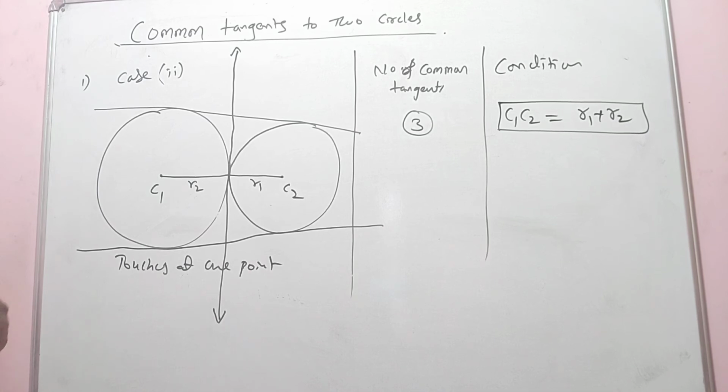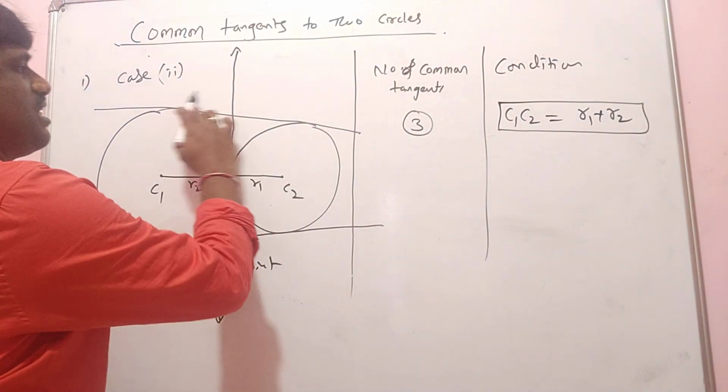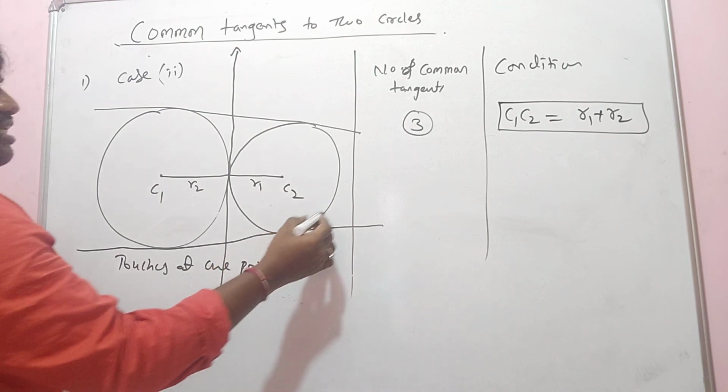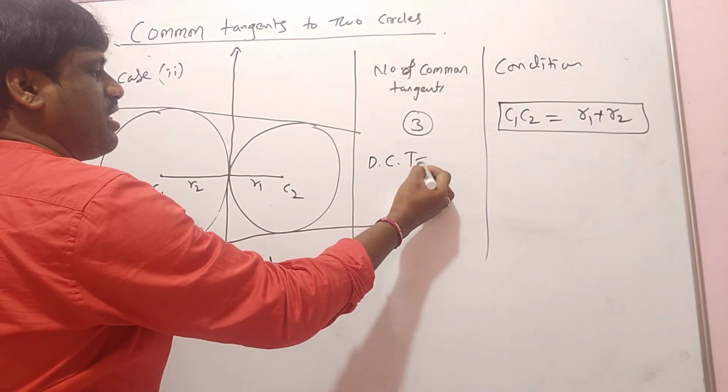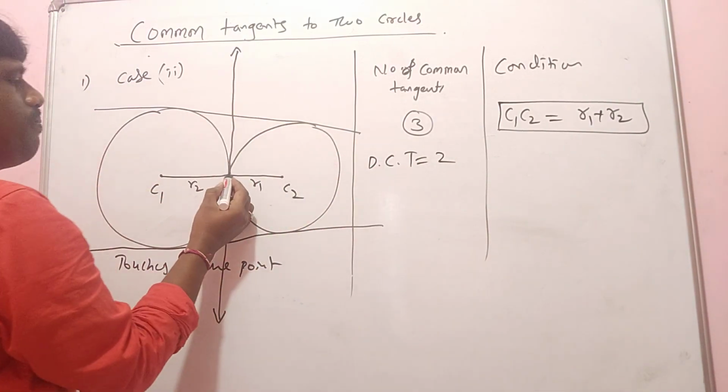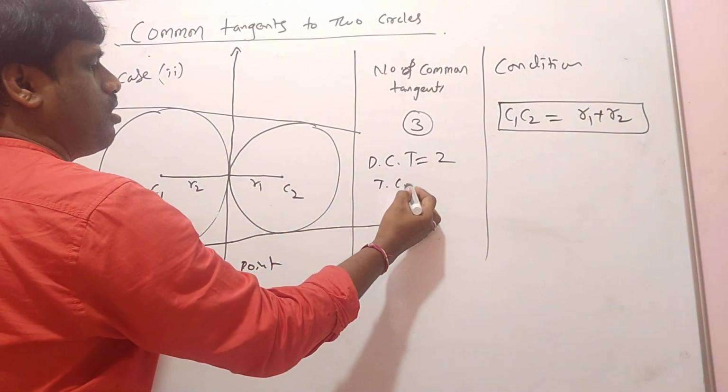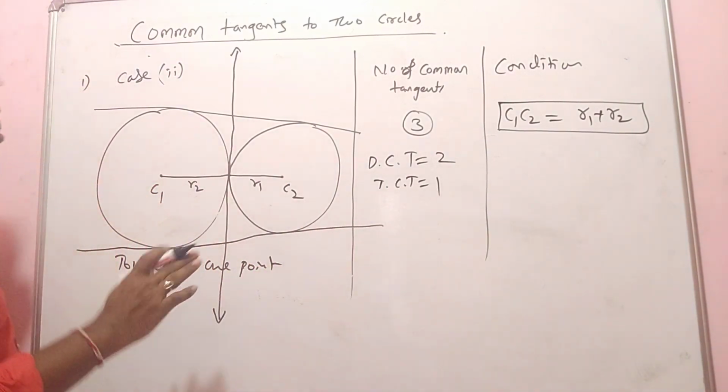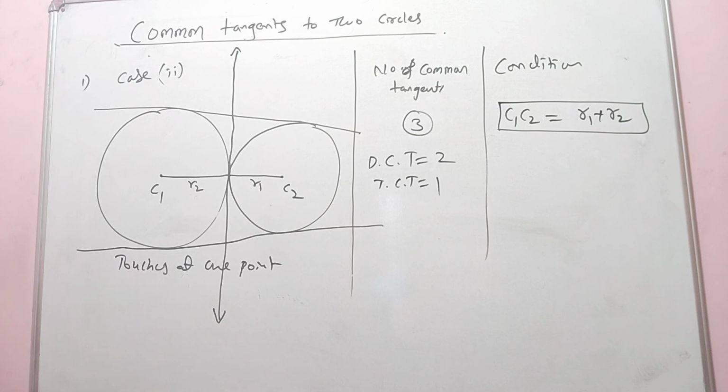Understood everyone? This is case number 2. How many direct common tangents are there? How many transversal common tangents? These are the direct common tangents, DCT, which are 2. And on the opposite side, the transversal common tangent is 1. So total tangents are 3. Let us go to the next case.